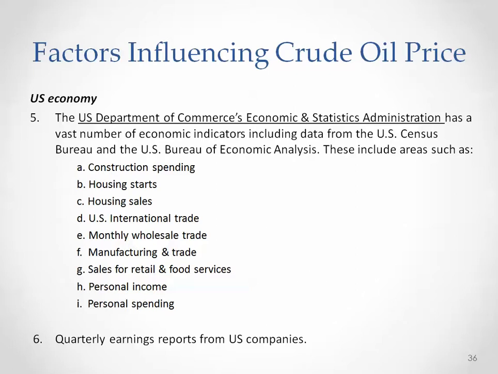These economic metrics include construction spending, housing sales, U.S. international trade, monthly wholesale trade, manufacturing and trade, sales for retail and food services, personal income, and personal spending. Also, quarterly earning reports from U.S. companies. These are the reports, metrics, and economic parameters that can help us predict the future demand.